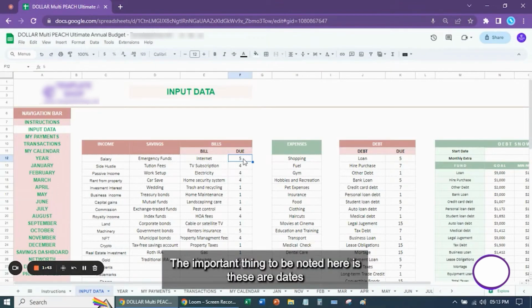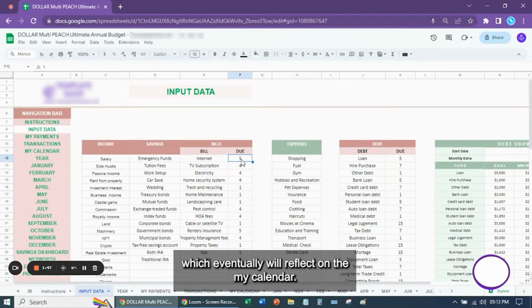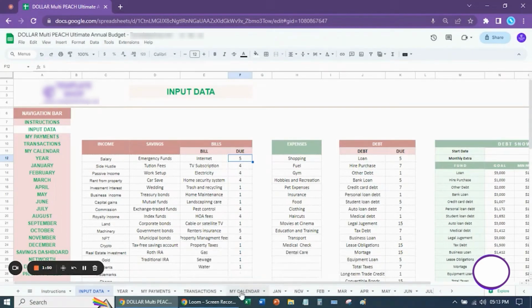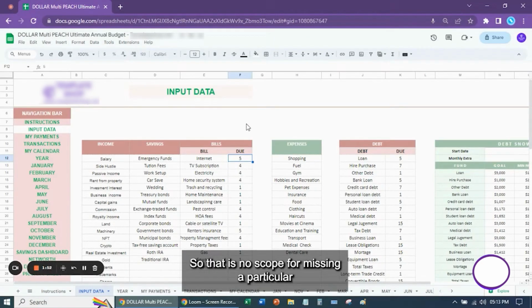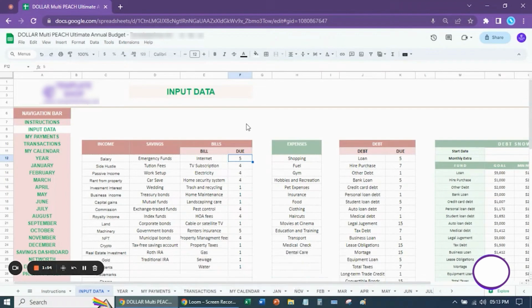The important thing to be noted here is these are dates which eventually will reflect under my calendar, so there is no scope for missing a particular bill due to oversight.